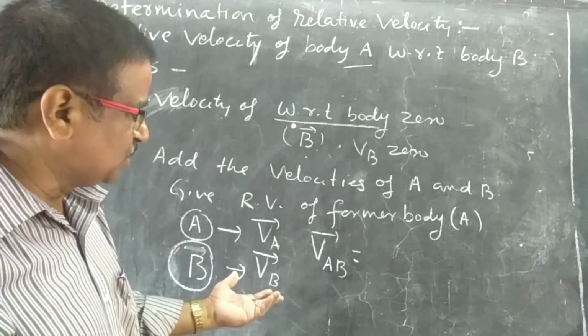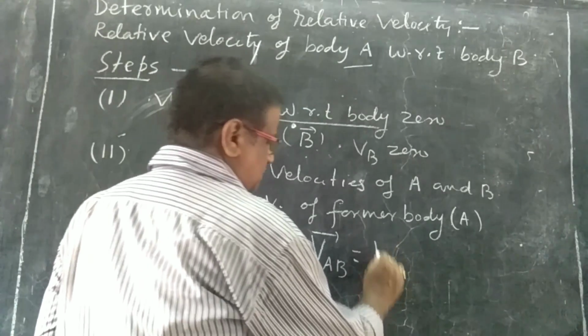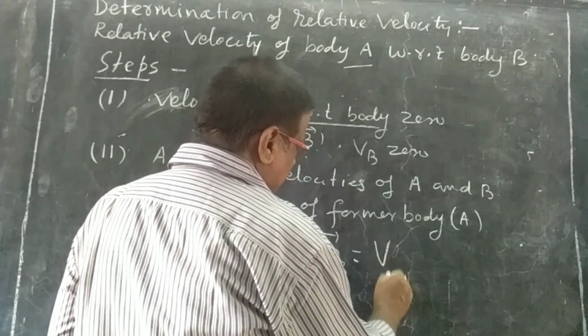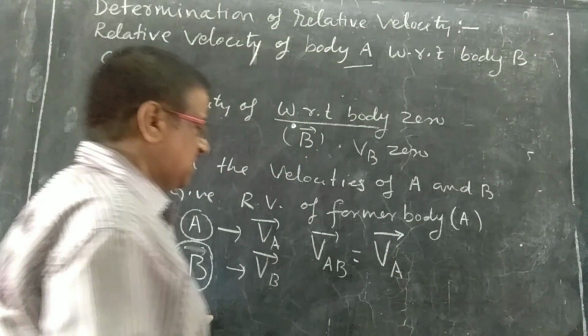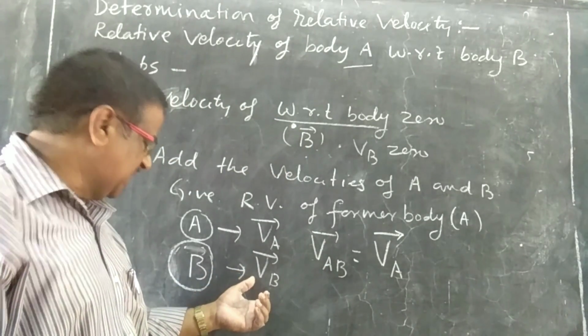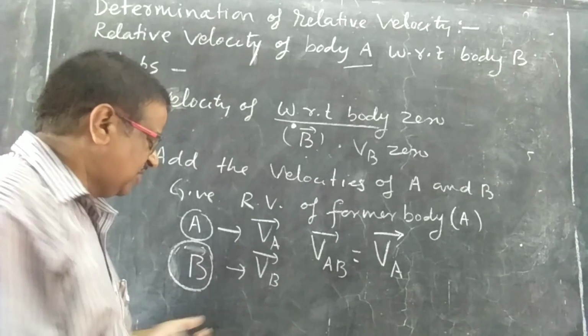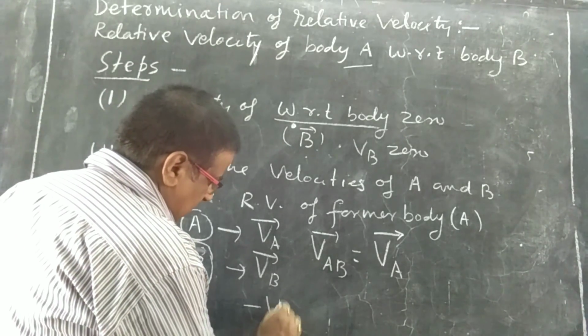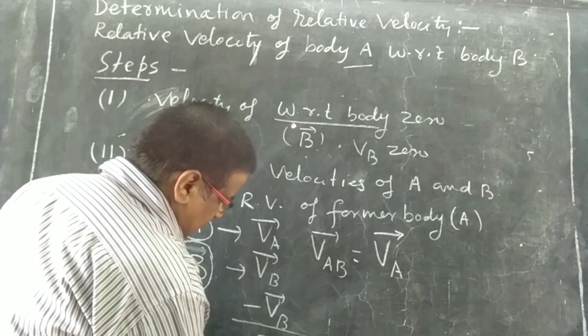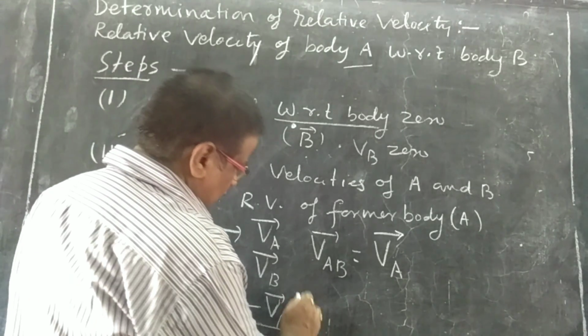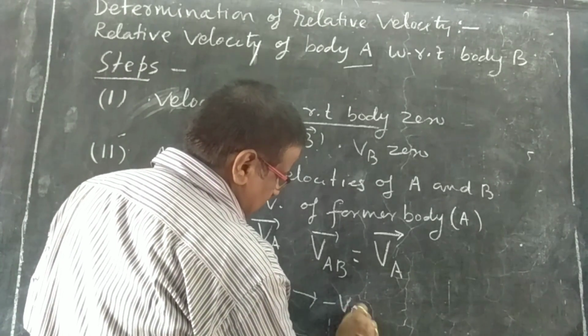So first of all, we put the value of velocity of A as it is, and we have to bring this body B at rest. For this we will add VB in this value so that as a whole it will become 0, and so this is minus VB.